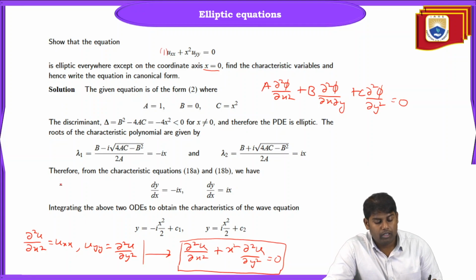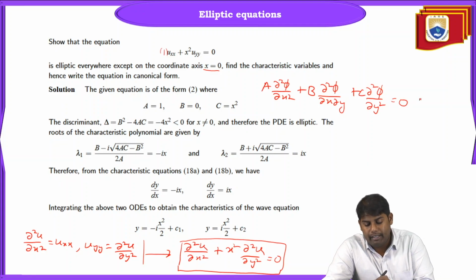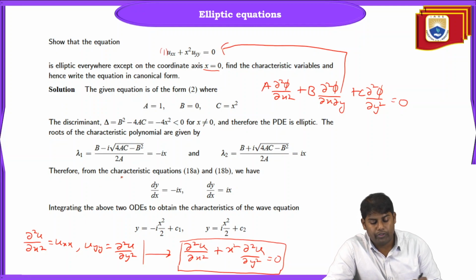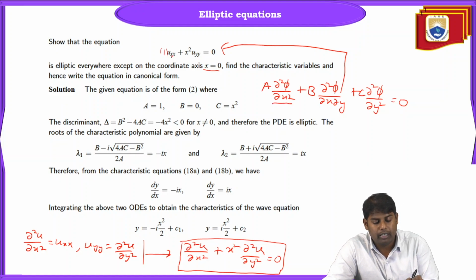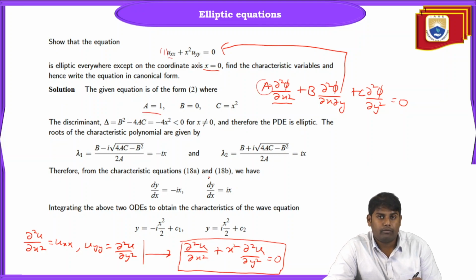You compare this equation with this. This term is equal to the first term, so a is nothing but 1. And in this equation we don't have any mixed derivative term, so we don't have any dou x dou y term.